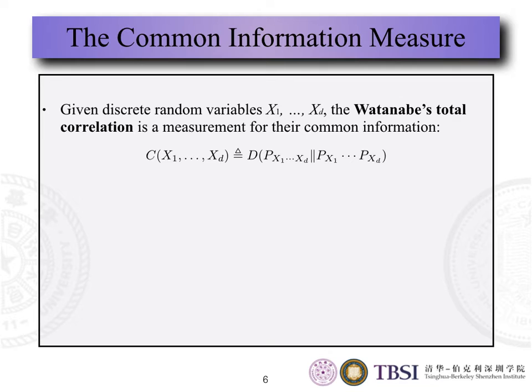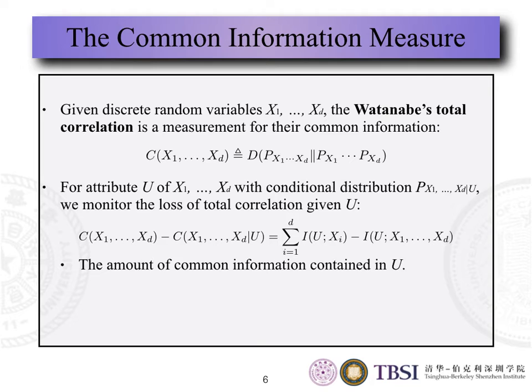Note that in the special case when d equals 2, the total correlation reduces to the mutual information between two random variables. Then, for an attribute U of X1 to Xd, with the conditional distribution P_{X1...Xd|U}, we look at the difference between the total correlation with and without the knowledge of the attribute U, which by definition can be expressed in terms of these mutual informations.